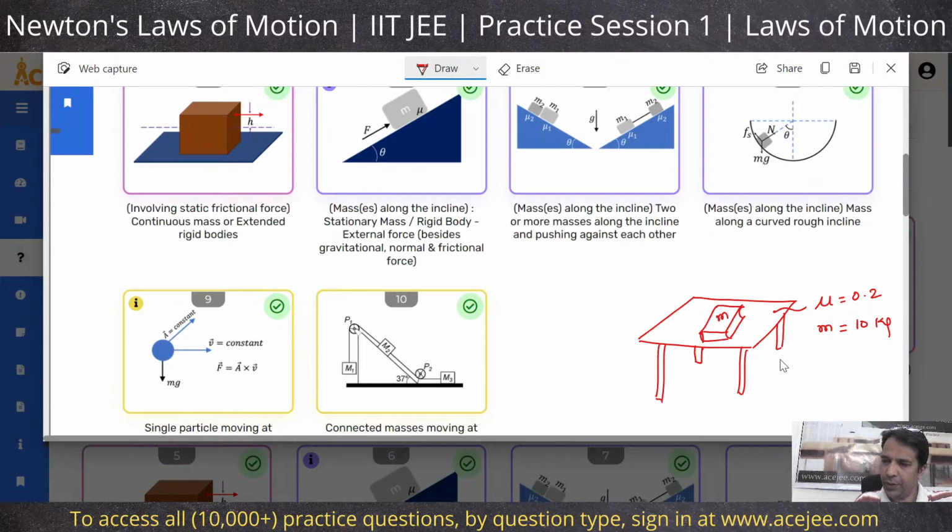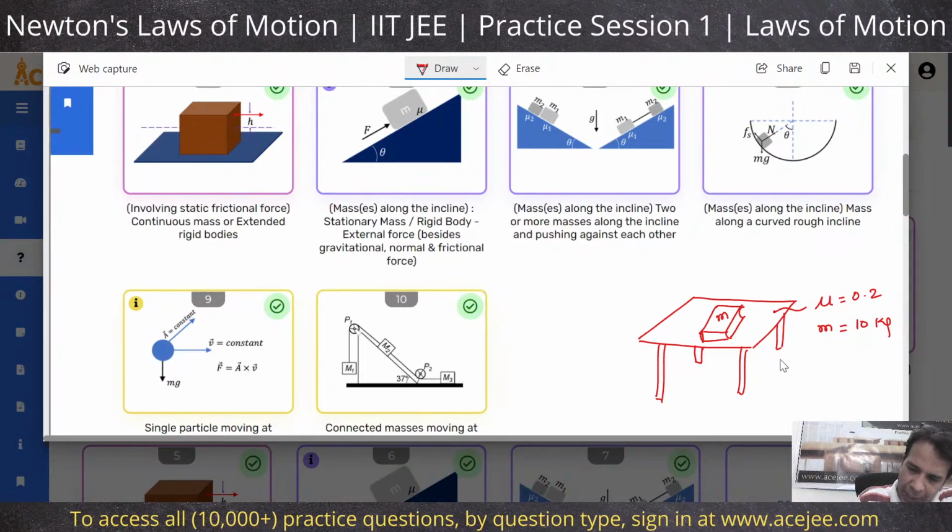Okay. So in this scenario where the book is placed on the table, there is no horizontal force acting on the book. How much will be the frictional force on it? So 0.